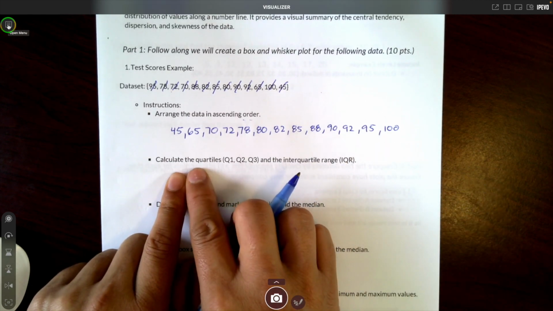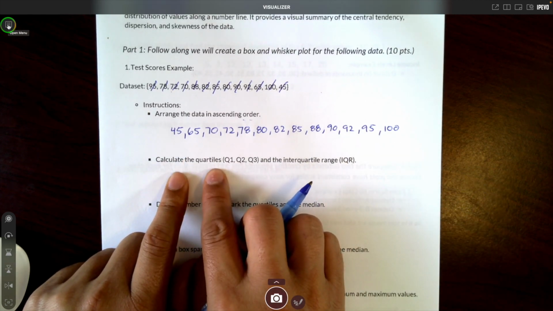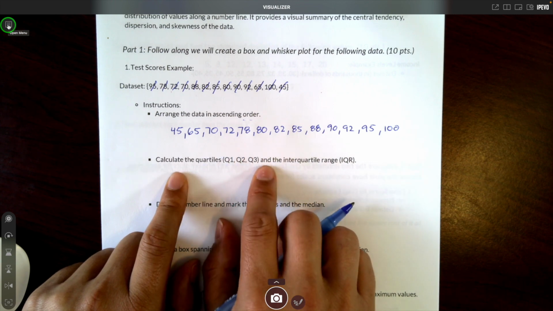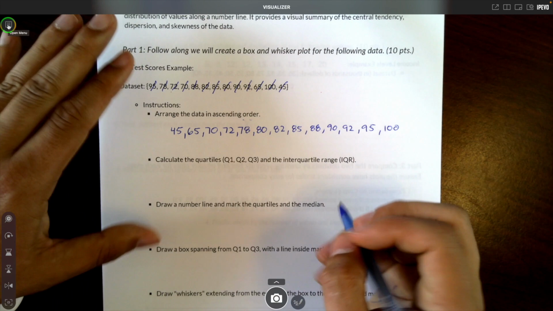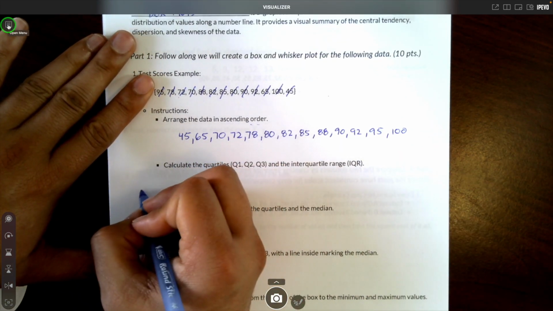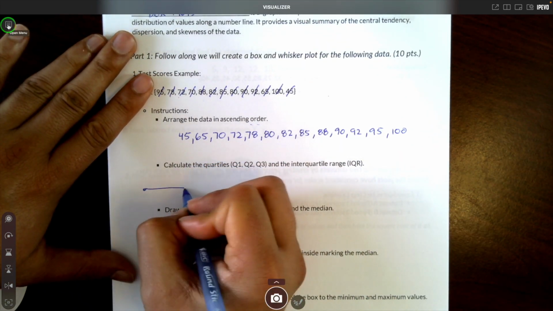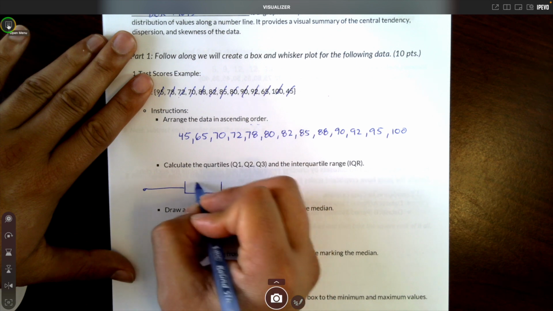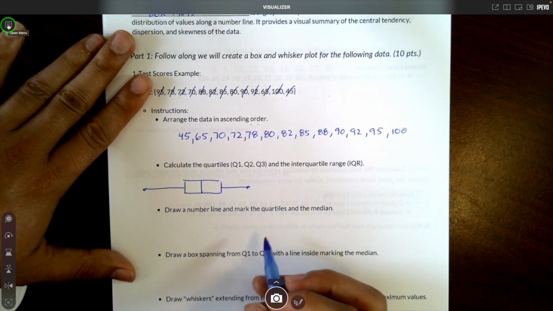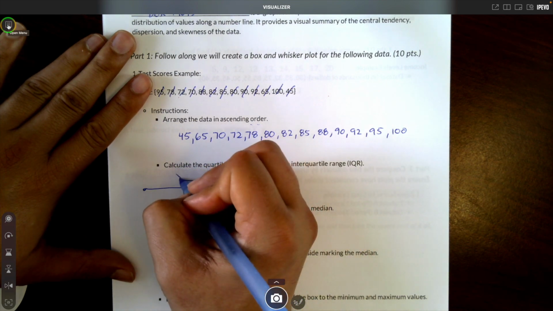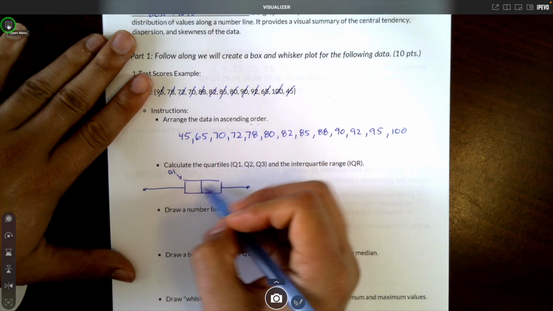Then we're gonna calculate the interquartile and the outer quartile and then the middle quartile. So what does this even mean? Remember how I drew a box with the line in the middle and then some whiskers on the side? Well, Q1 is this line.